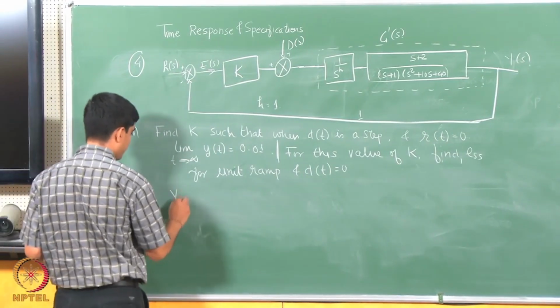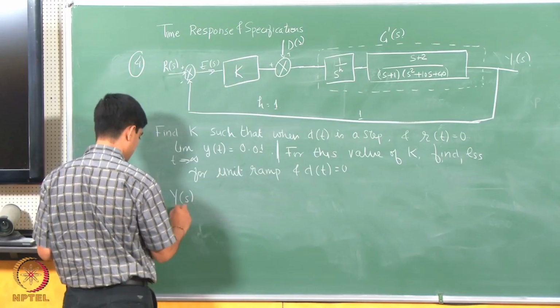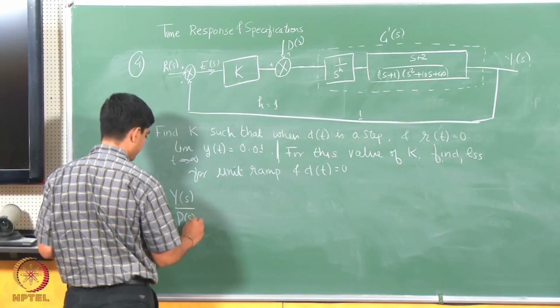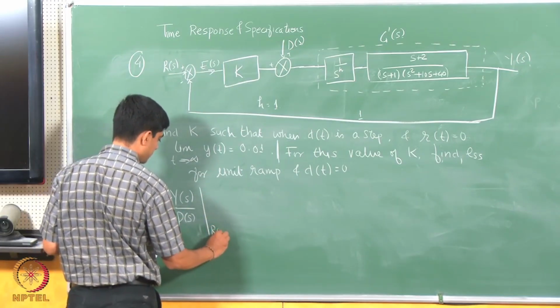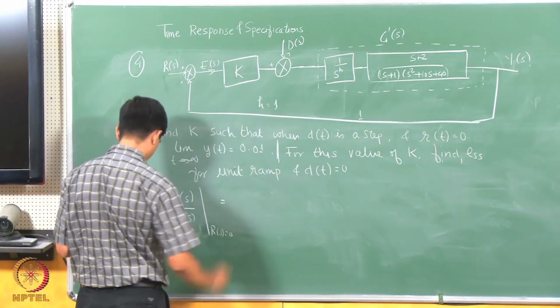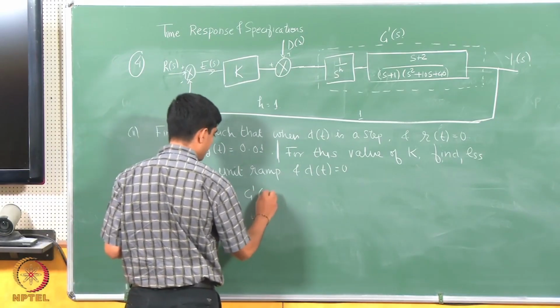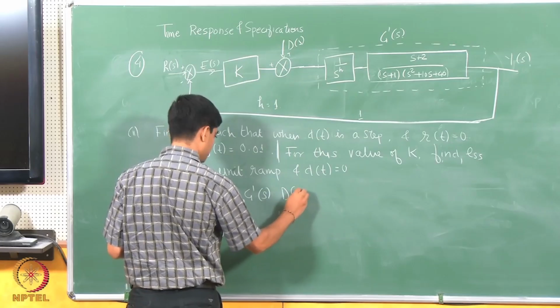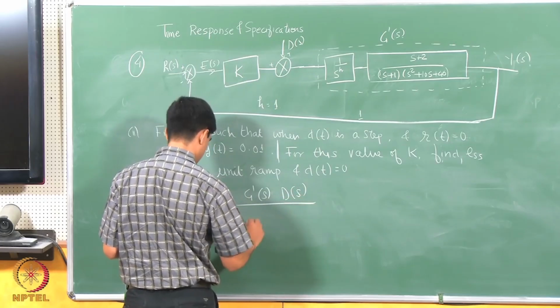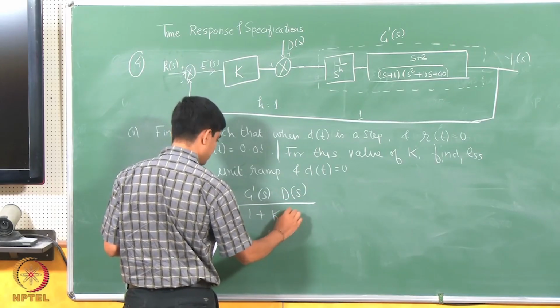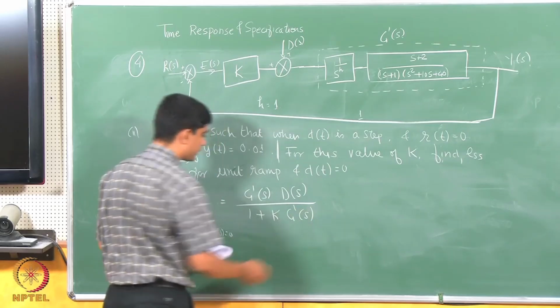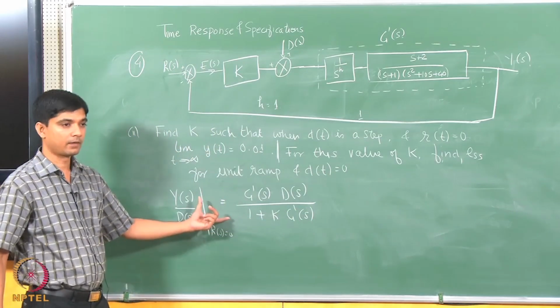So, y(s) over d(s) when r is 0 takes this form: G prime of s over 1 plus k G prime of s, and we saw how to derive this transfer function in the previous tutorial.